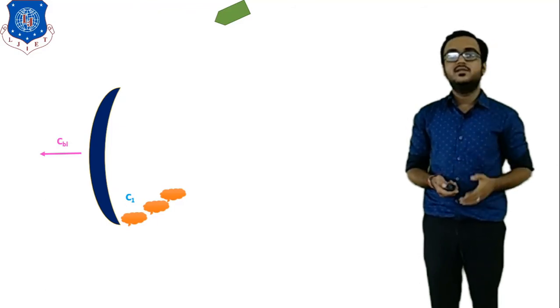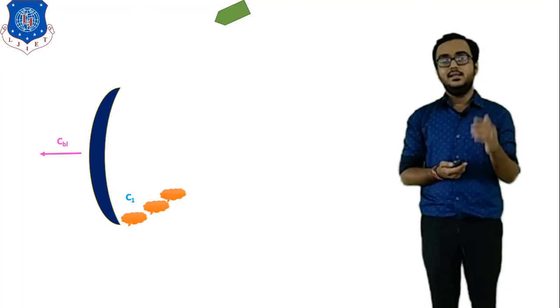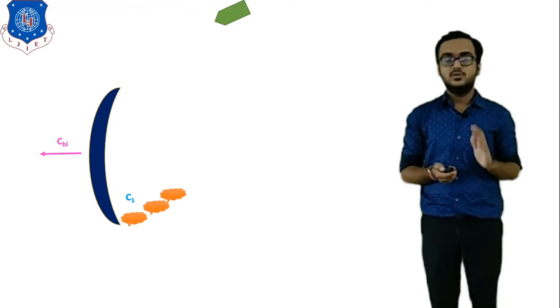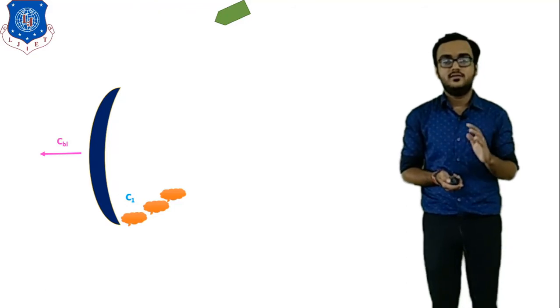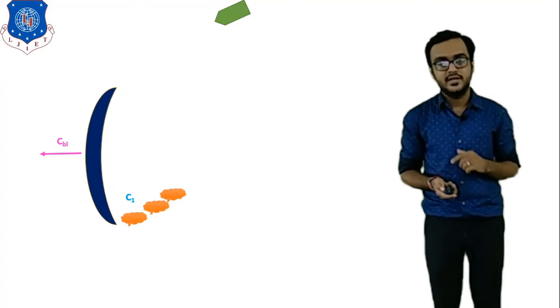So let's begin with the velocity triangle. Here you can see we have two vectors: one corresponds to the blade speed, CBL, and one corresponds to the steam, C1. So we need to plot two vectors first. One represents the velocity of the blade, the other represents the velocity of the steam. So let's plot these two vectors.